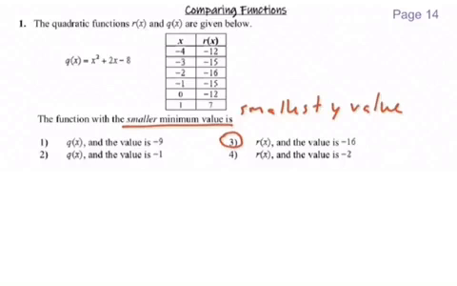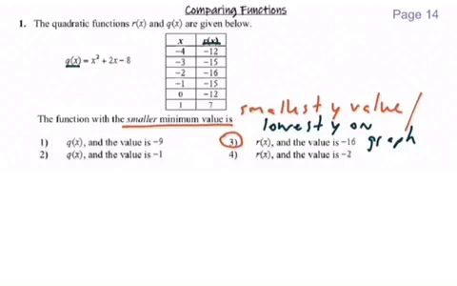It also means the lowest y value on the graph. So you have two choices. You can either graph both q of x and r of x and see which one has the lowest y value and what it is, or you can take a look at your table of values.